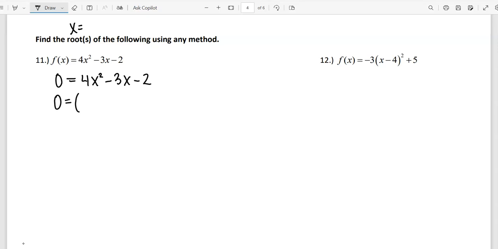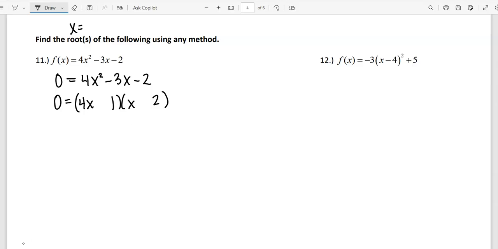I can't do 2x and 2x because one of my factors of 2 is 2, so that would make a GCF. My only option for the leading term is 4x and x. My 2 cannot go here because then that would be a common factor with 4x. So my 2 has to go in my other one, and my 1 has to go with 4x. That gives me a 1x and an 8x. Is that going to work? Nope. Back to the drawing board.